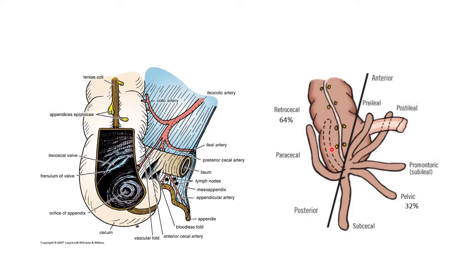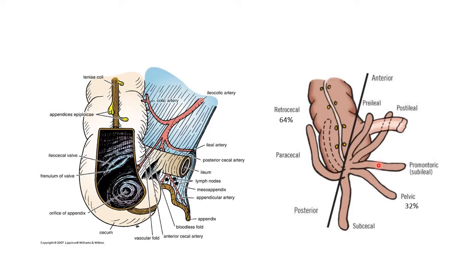The other positions include, for example, paracecal, on the side of the cecum, and the other one is subcecal, below the cecum. It can also be related to the ileum, either anterior to the end of the ileum, which we call preileal, or posterior to the end of the ileum, which we call postileal.